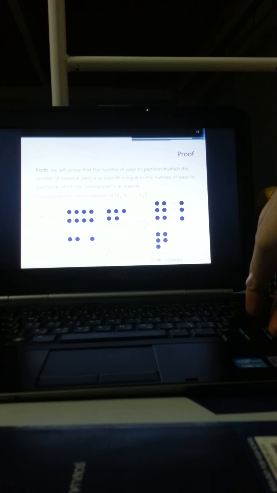For example, partitions of 6 in which the maximal part is at least 2 have 4 forms, and we can write them on the left side. The maximal part is at least 2, for instance 2, 2, 2.